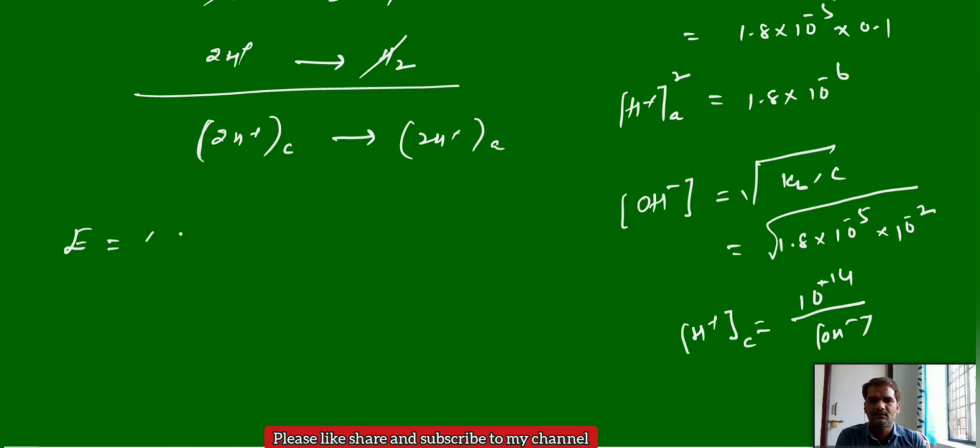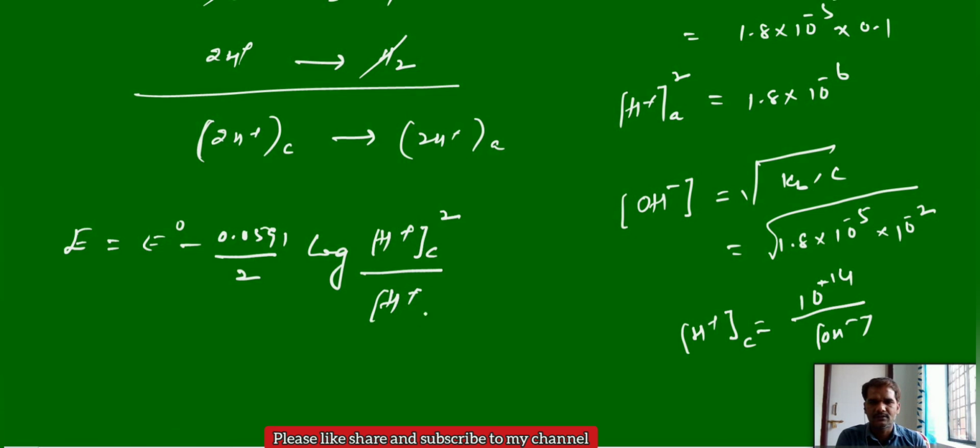Now E equals E naught minus 0.0591 by the number of electrons transferred, times log of H plus concentration of the cathode squared by H plus concentration of the anode squared. You apply those values here.